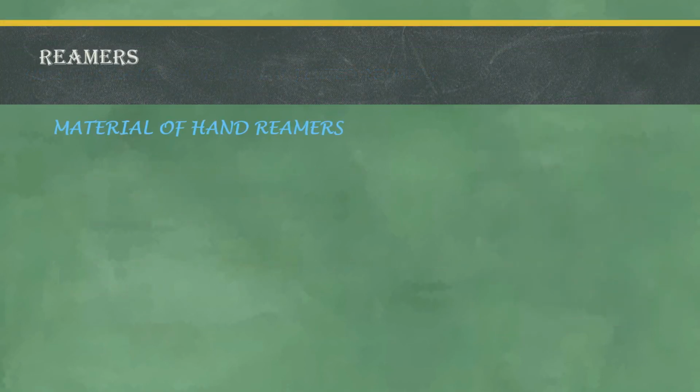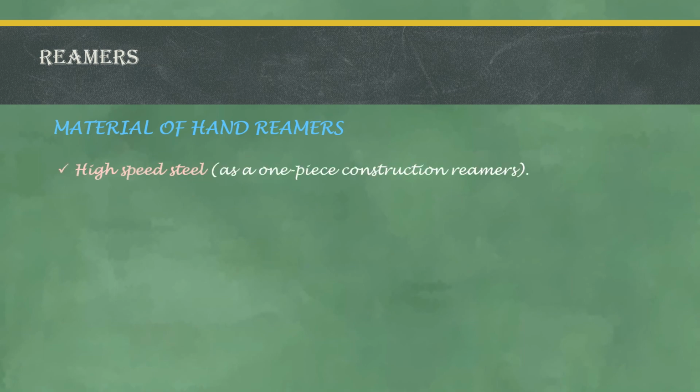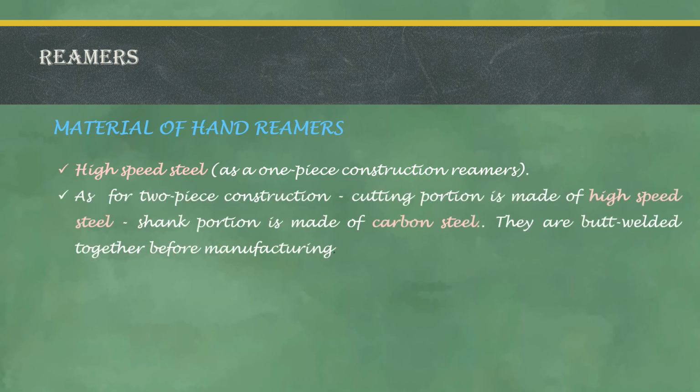Material of hand reamers. High-speed steel material is used for one-piece construction reamers. As for two-piece construction reamers, the cutting portion is made of high-speed steel, and the shank portion is made of carbon steel. They are butt welded together before manufacturing.